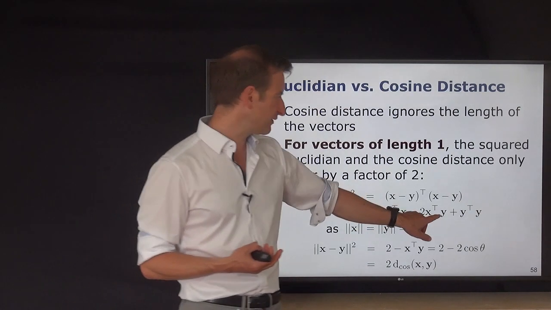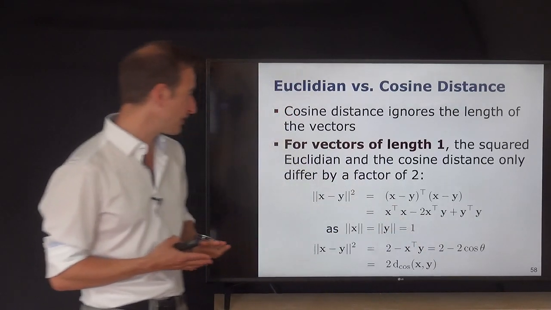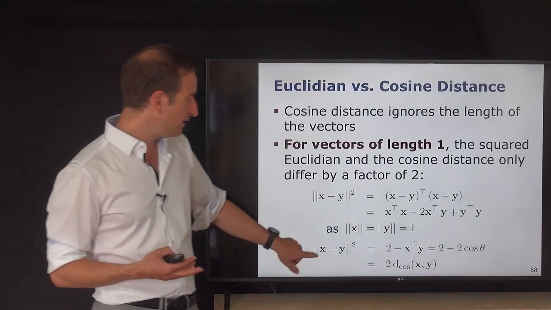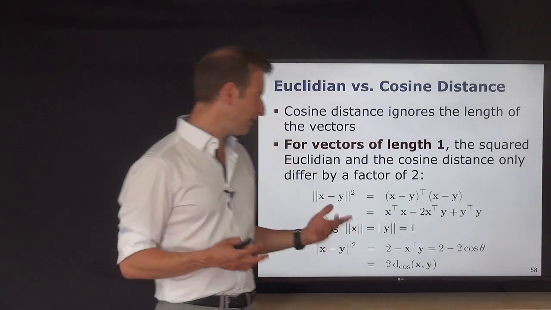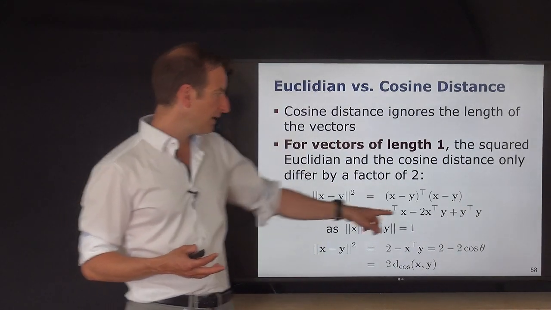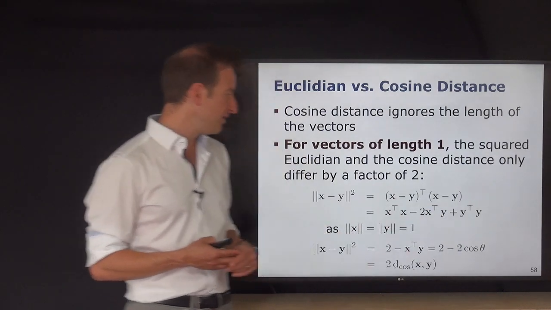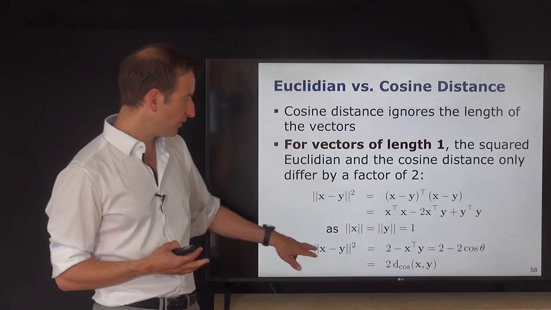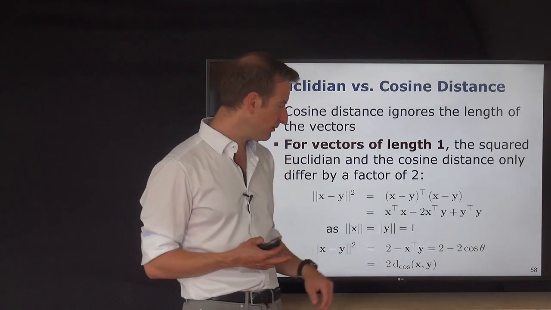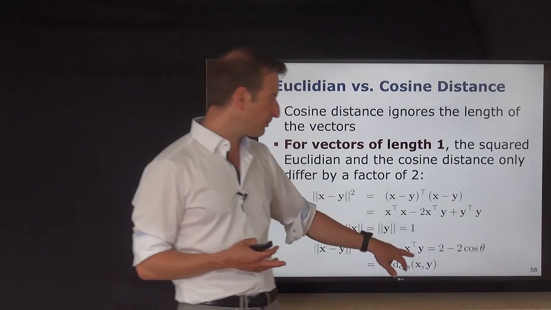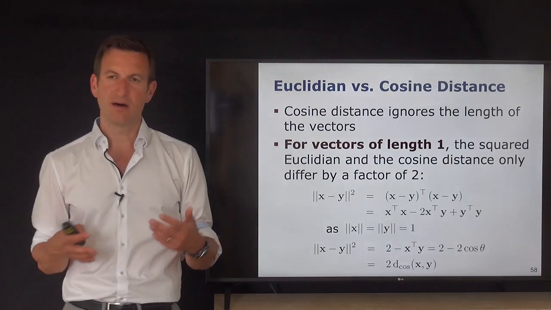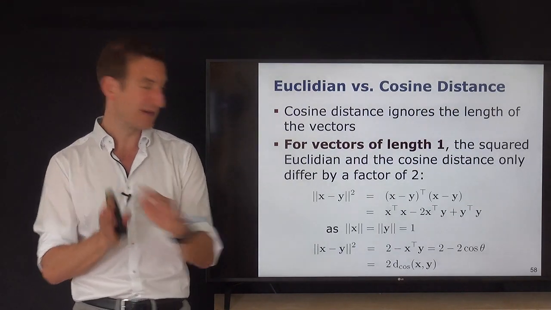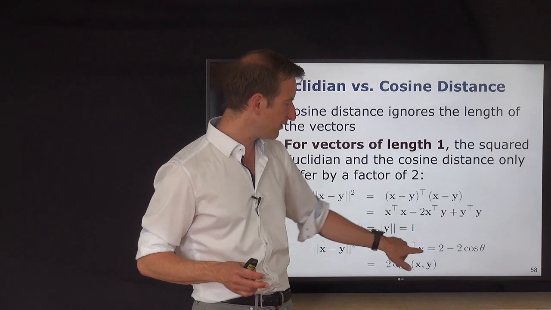Sorry, there's a plus. No, sorry, everything's correct. So x transposed x and y transposed y both turn into 1, and x transposed y will remain. So the equation will simplify into this form. And x transposed y is nothing else than the cosine of the angle between the vectors, because remember the vectors have length 1.